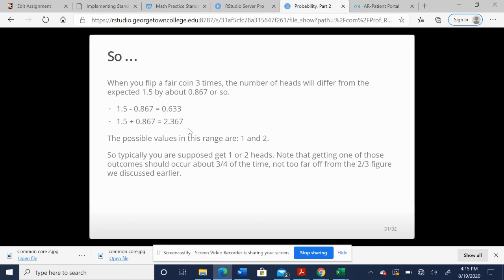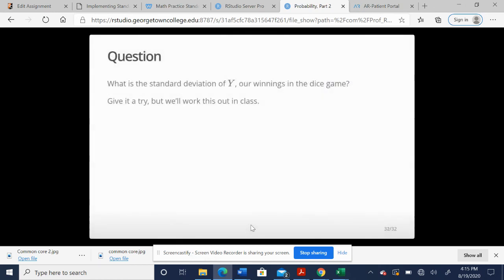Okay. Now we know this is a discrete calculation, it's not continuous. So we're probably going to expect somewhere between 1 and 2, which is what we already knew. Okay. So typically you're supposed to get 1 or 2 heads. Note that getting one of those outcomes should occur 3/4 of the time, not too far off from the 2/3 figure we discussed earlier. Okay.